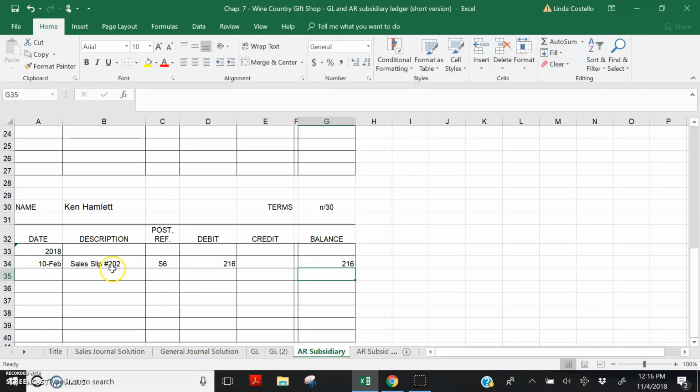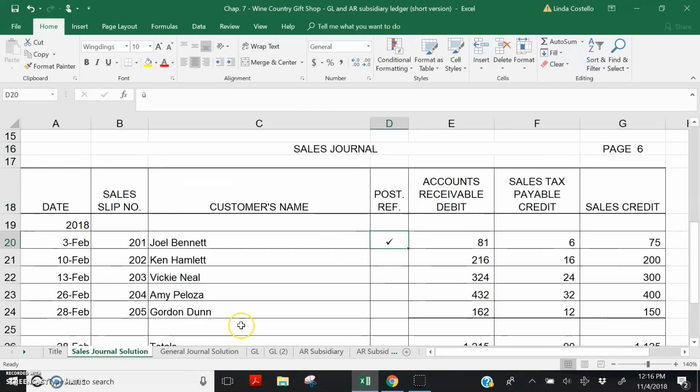Sales slip number 202. Posting reference S6. Debit $216, creating a balance on his account of $216. Return to the sales journal and put a check mark in the posting reference column next to the $216.